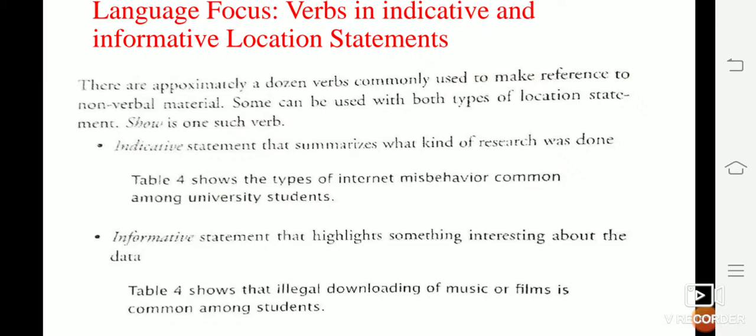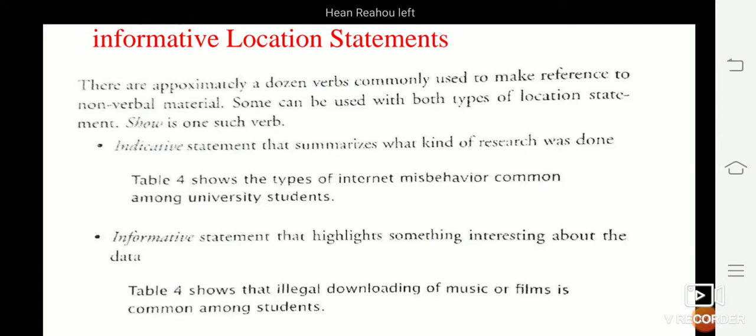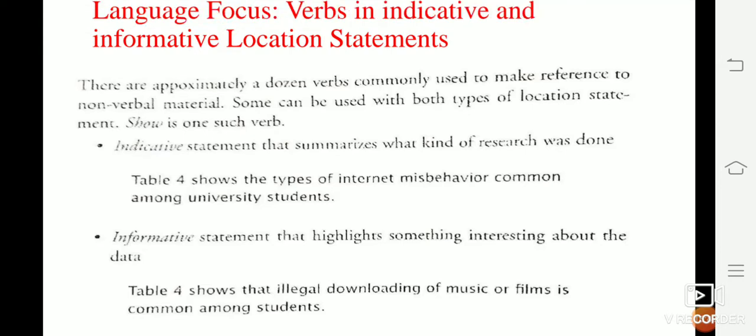Some can be used with both types of location statement. Show is one such verb. For example, an indicative statement that summarizes what kind of research was done.